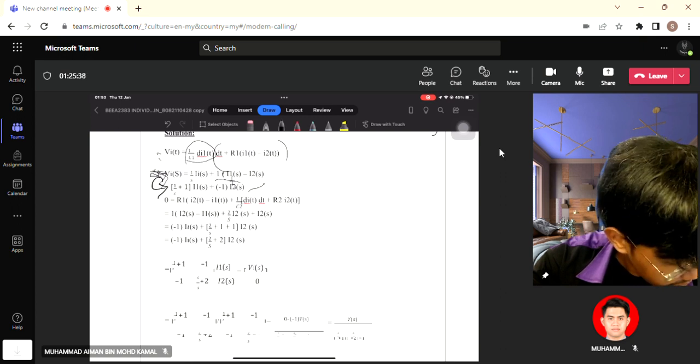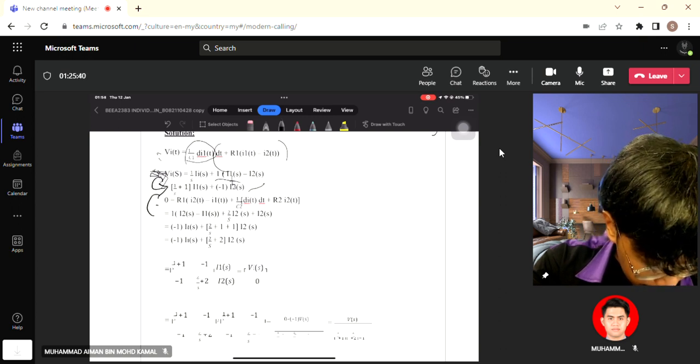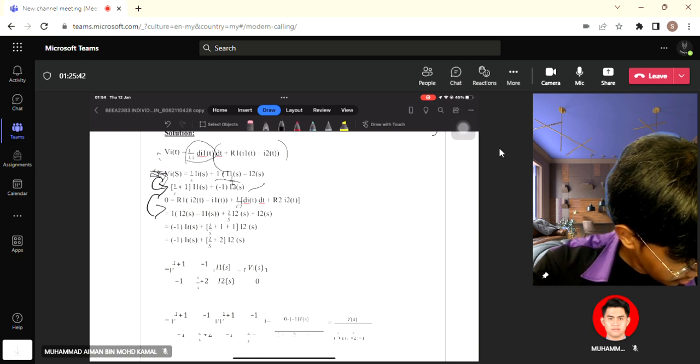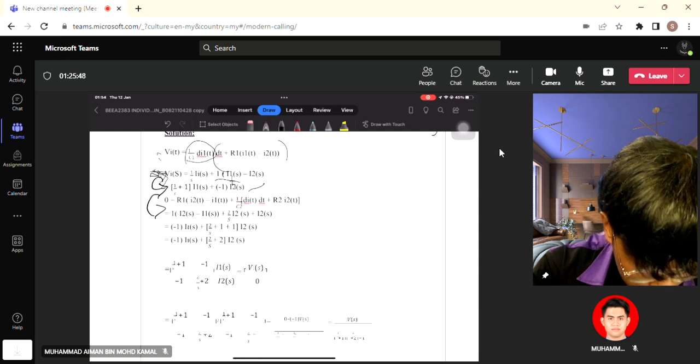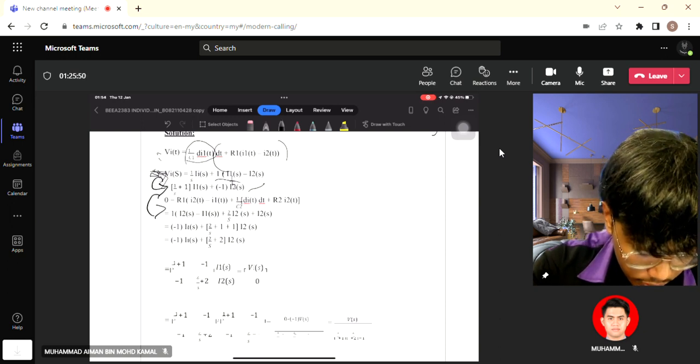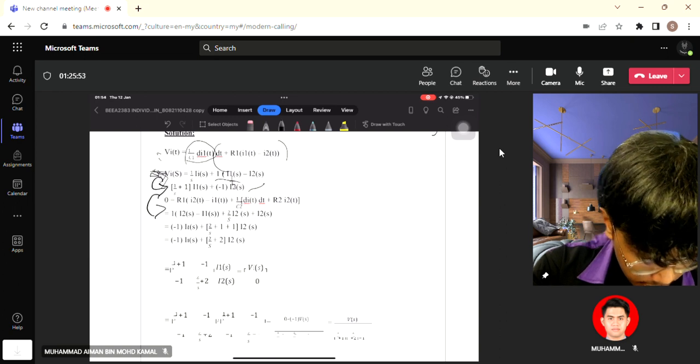just do the same thing, and after that: 0 = R1(i2(t) − i1(t)) + (1/C2)∫i2 dt + R2 i2(t).